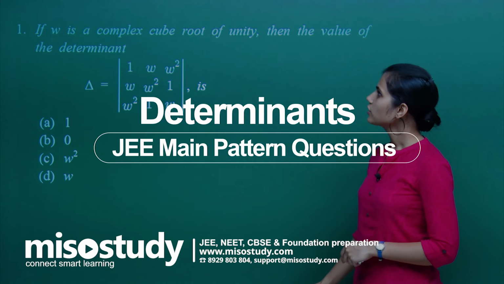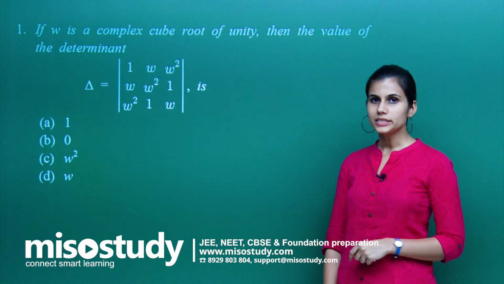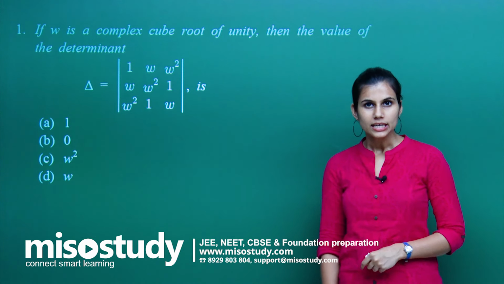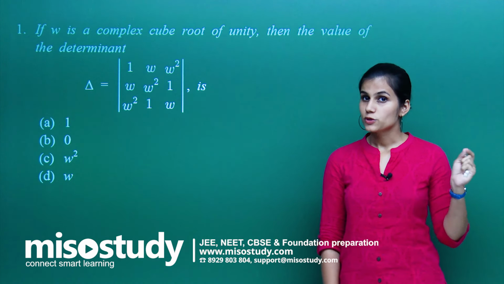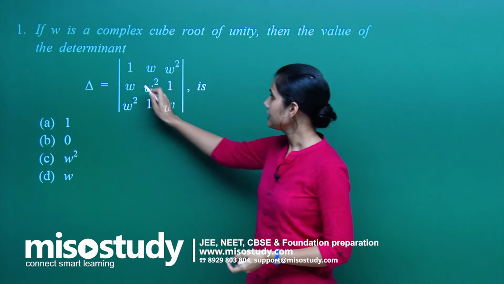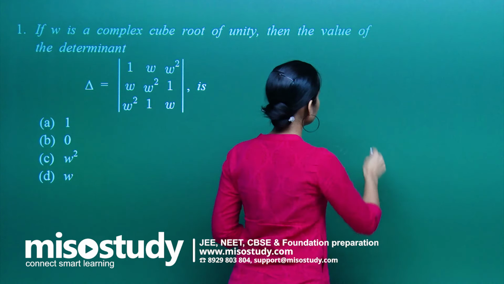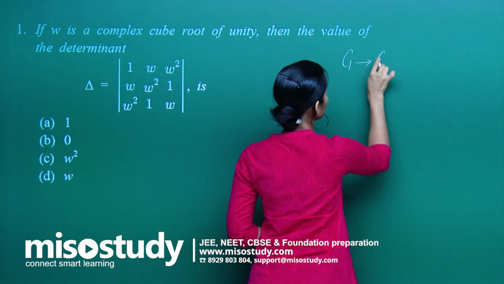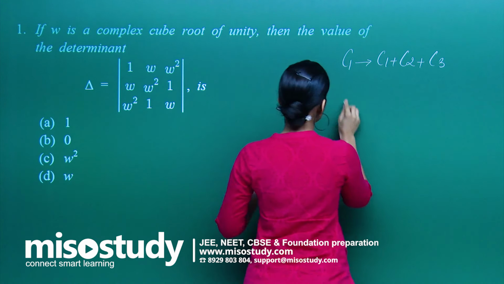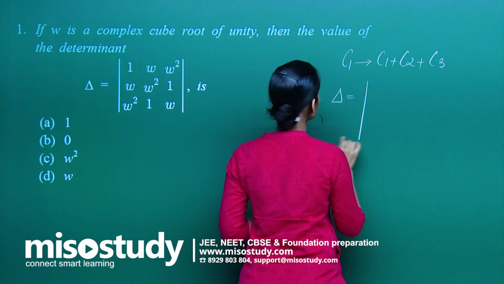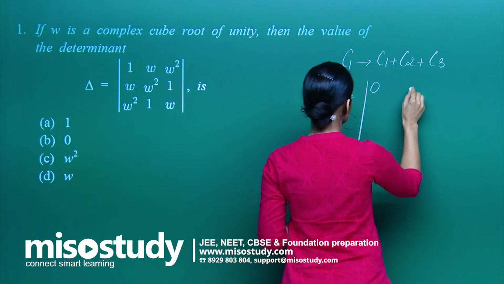If omega is a complex cube root of unity, then what is the value of this determinant? The moment I say omega is cube root of unity, the properties of that should pop up in your mind. It is 1 plus omega plus omega square is 0, and you can very easily see each row has 1, omega, omega square. So if I say column 1 goes to column 1 plus column 2 plus column 3, I am going to get this determinant with 1 plus omega plus omega square, which is 0, rest same.